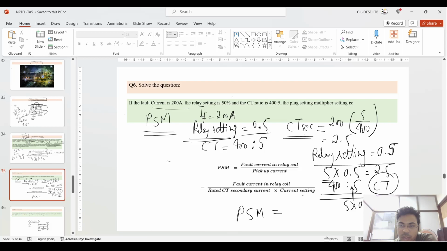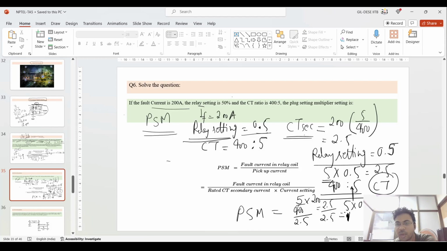And the relay setting is also 50%. So what will be the plug setting multiplier? It is the fault current in the relay coil. What is that? That is 5 multiplied by 5 by 400 multiplied by 200, which came out to be 2.5. Okay? It is 2.5 divided by the rated pickup current.